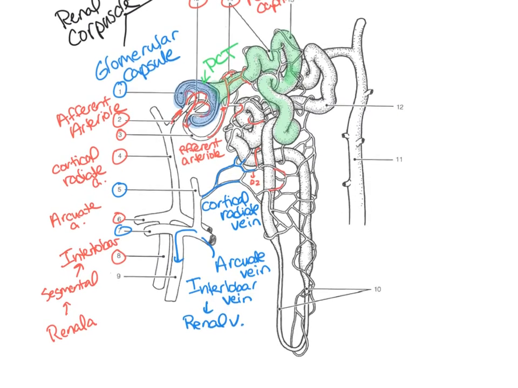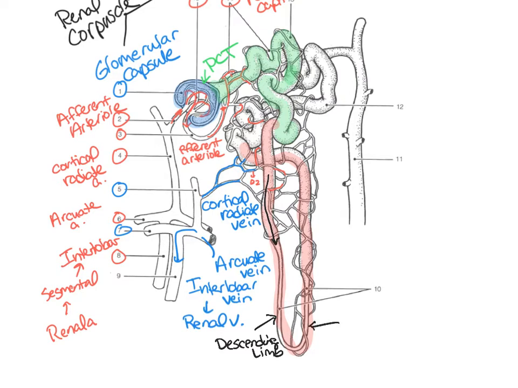From there, the proximal convoluted tubule will lead into the nephron loop. The nephron loop has a descending limb, and this is as fluid is flowing down. That's why we call it descending.